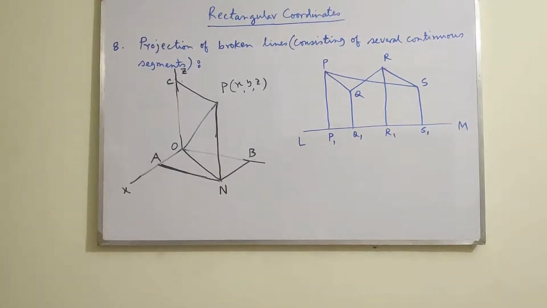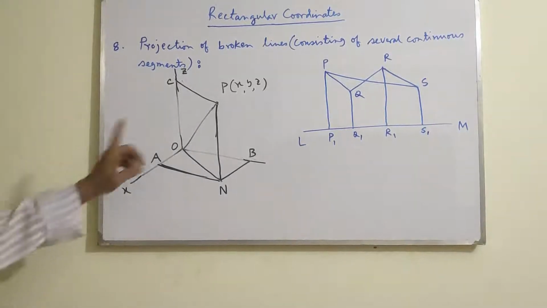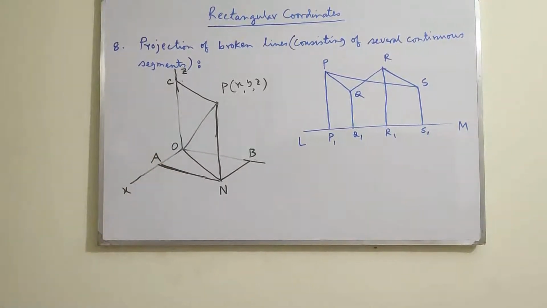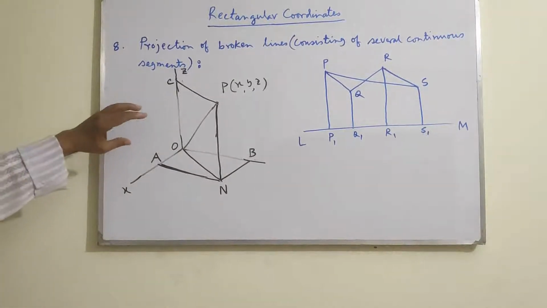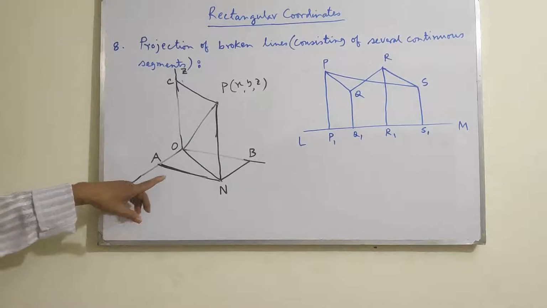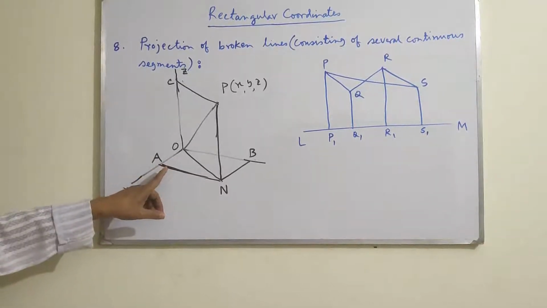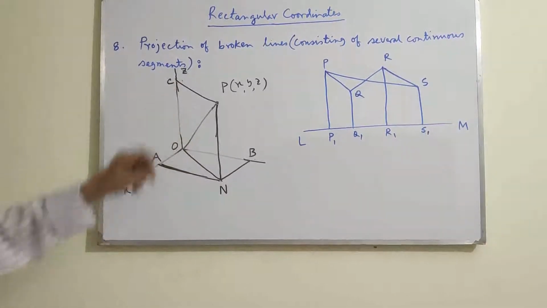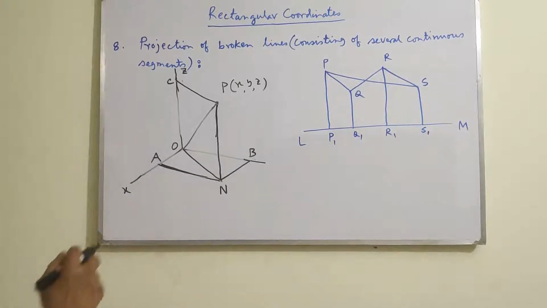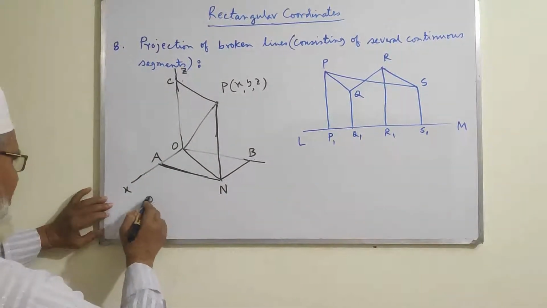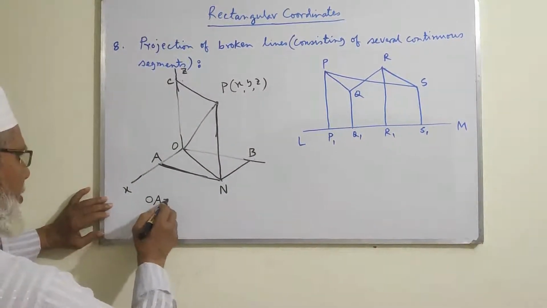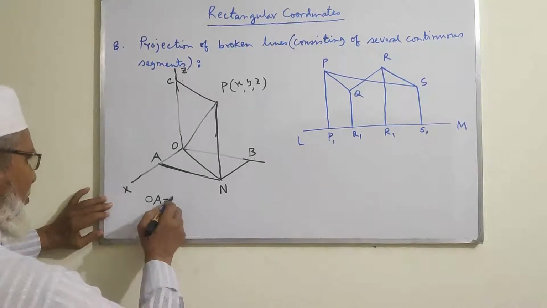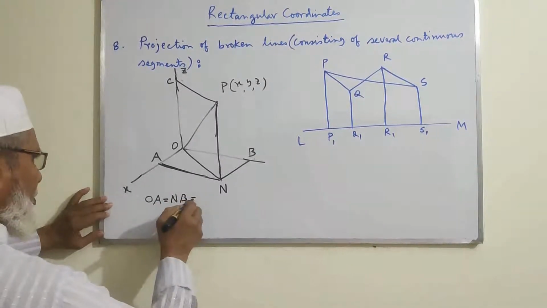Projection of OP can be taken as the sum of the projections OA, AN and NP. OA is equal to NB, which is x.